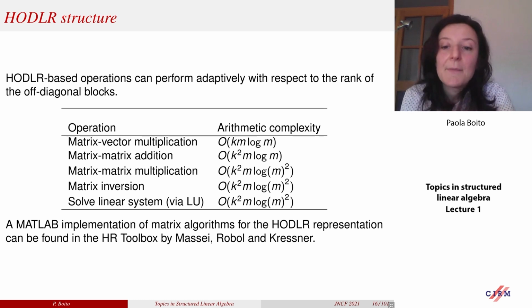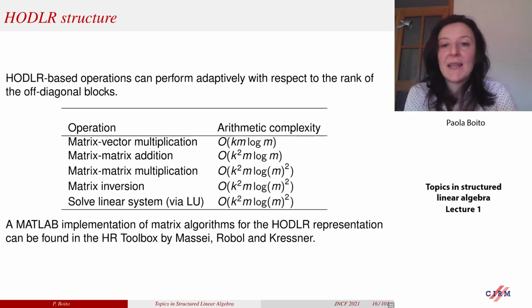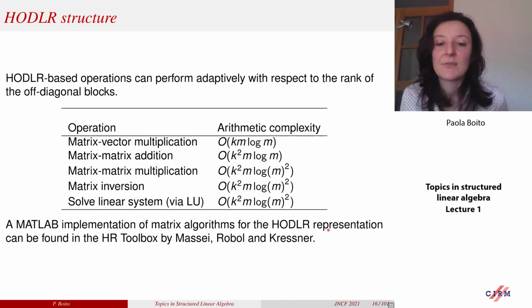And so we can perform basic operations such as matrix vector multiplications, matrix multiplications, additions, inversion, and linear system solving in O of m log m or log m square operations. And the dependence on the quasi-separability rank is quadratic. There's a nice MATLAB toolbox for dealing with these matrices called HR Toolbox by Stefano Massei, Leonardo Robol, and Daniel Kressner.